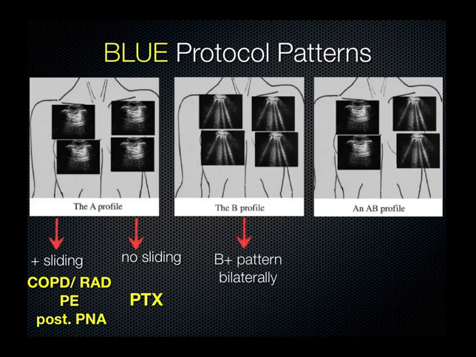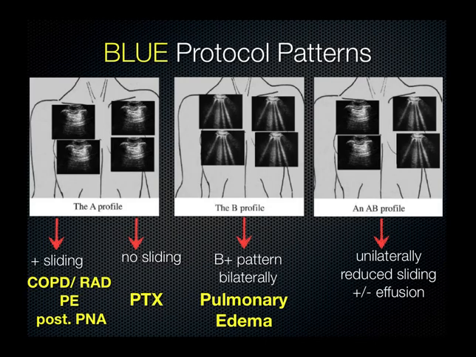For predominance of Bs bilaterally, the common outcome was pulmonary edema. And something called an AB profile, where you have B lines on one side and A lines on the other, or unilateral predominance of one over the other, if there were reduced sliding and an effusion, then the outcome was pneumonia.